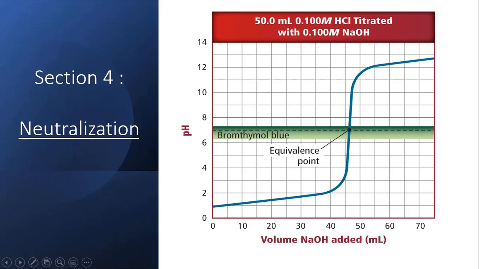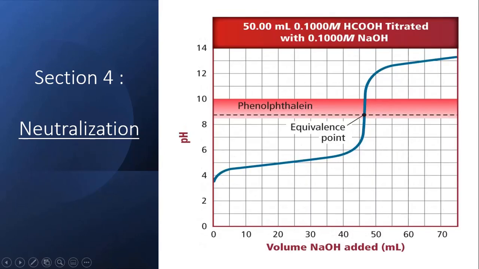You can see that it's sharp because there is a jump from 40, let's say, until 50. There is a jump from pH equals 2 until you reach 11 point something. Previous one, from 40 you had 5.7, for example. You reached up to 12 here by the 50 milliliters.